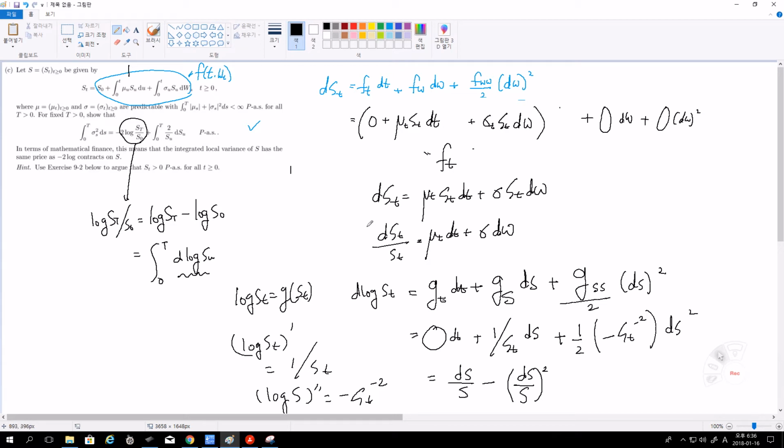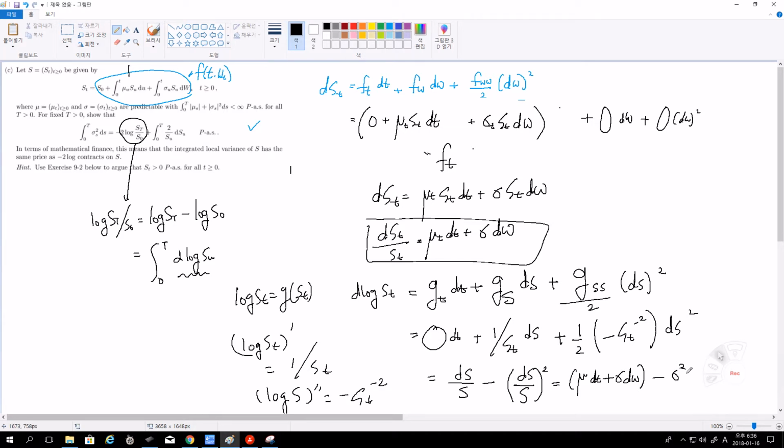But now we have this expression, so we can just plug it over here. Then what we have is basically mu dt plus sigma dW minus this one squared, so it is sigma square dt.